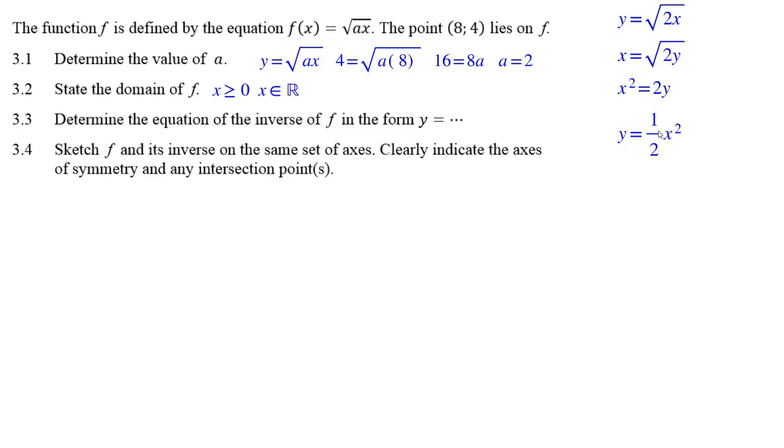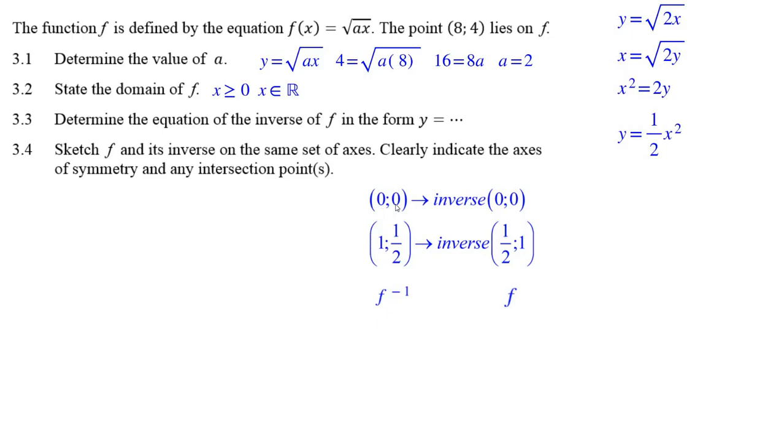The easiest one to sketch, well, I guess this one's pretty easy. If I put in 2, the square root of 4 is 2, so 2 and 2 is a point. If I put in 0, I get 0, so I know that 0 and 0 work in both functions, because you switch x and y and it still works.